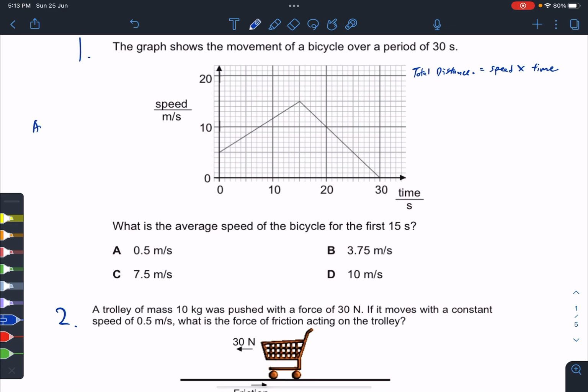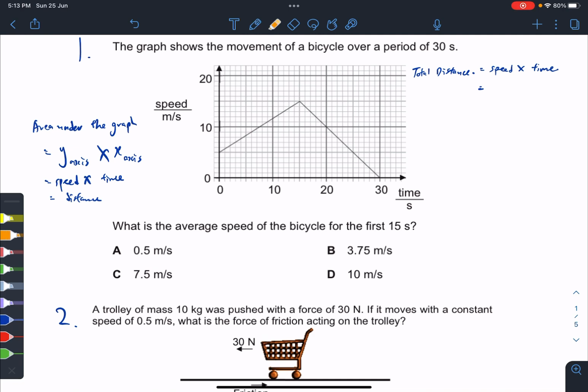If you recall, the area under the graph is the y-axis multiplied by the x-axis, which in this case is speed times time, equal to distance. So you just have to find the area under the graph.